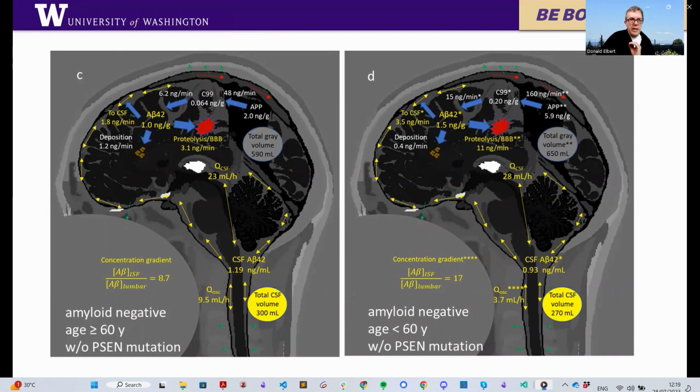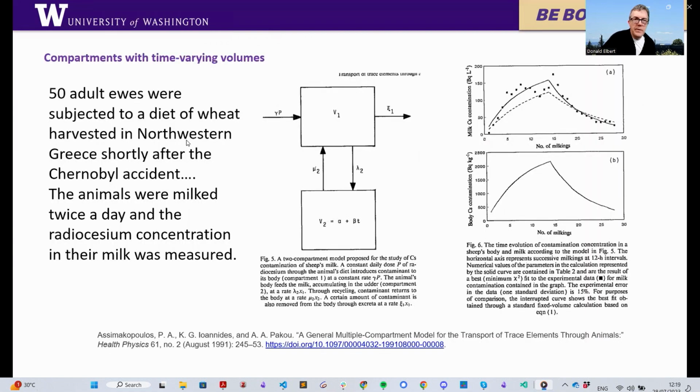Suffice it to say that the modeling approach allowed us to determine parameters and draw conclusions about the fate of A-beta peptides. This work is published, and we have additional work that will be published in the upcoming months.